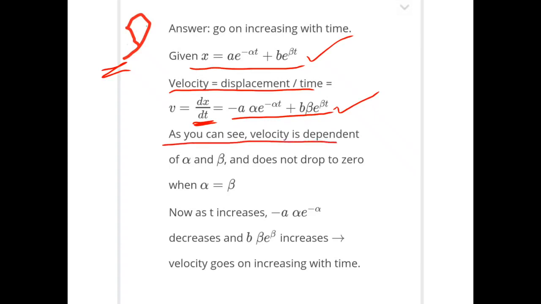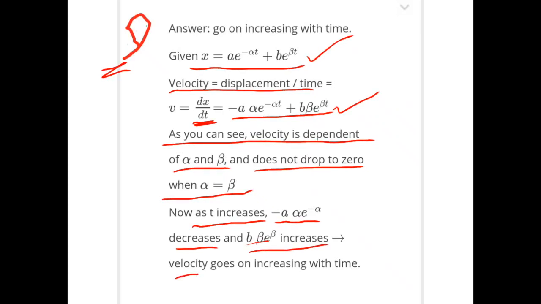You see, velocity is dependent on a and b and does not drop to 0. So when alpha is equal to beta, as t increases, minus a alpha e power minus alpha t decreases and b beta e power beta t increases. So the velocity goes on increasing with time because the term is plus.